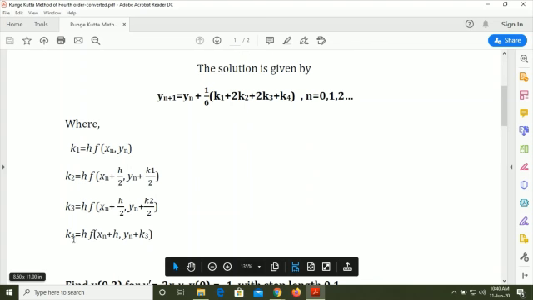And k4 is h into f(x0 + h, y0 + k3). Thus, we can find y1.